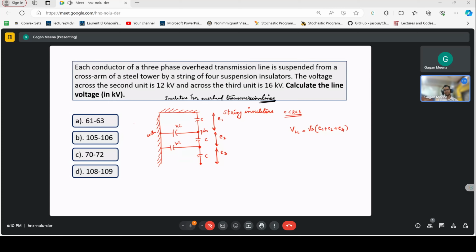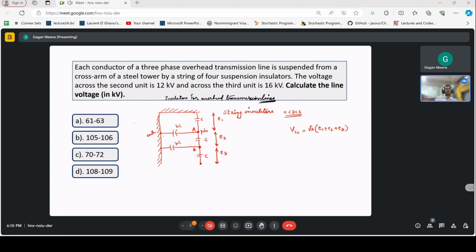So E1 and E1, the voltage across both the points is the same. They are in parallel. Similarly, if you want to find the voltage between OB, it will be the same as this. So it is E1 plus E2.